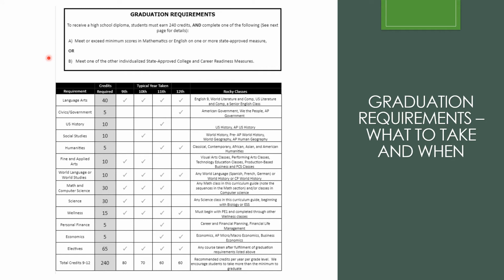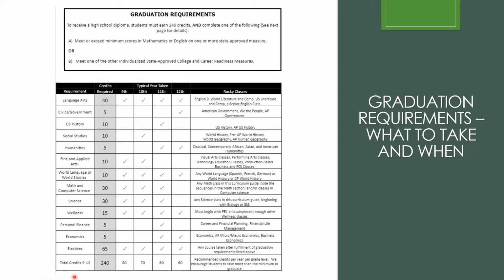You can either meet a minimum score on the SAT or another standardized test, or you can complete one of the other options from the menu of options to prove college and career readiness. This includes taking concurrent enrollment classes, doing a capstone, all of those things. Again, check out the video on graduation requirements to find out more of those details.